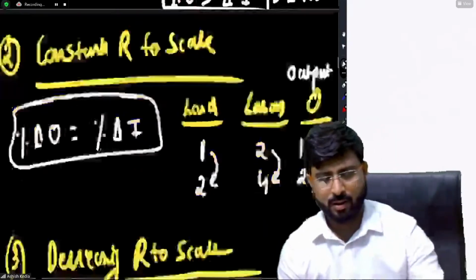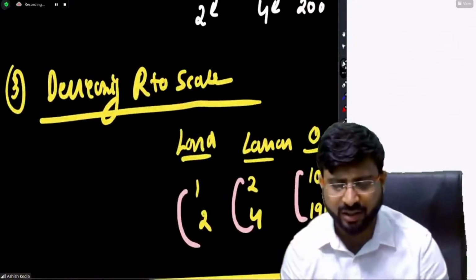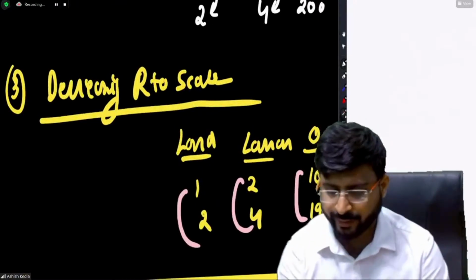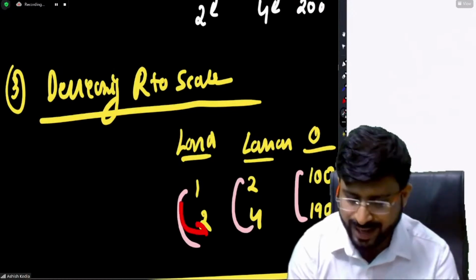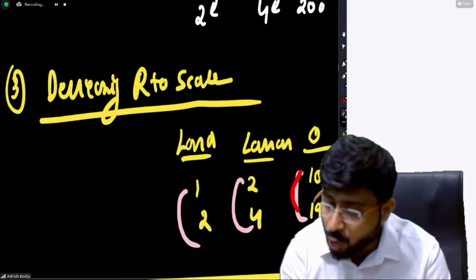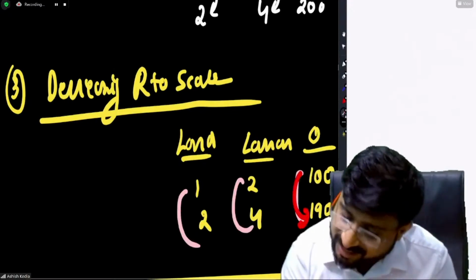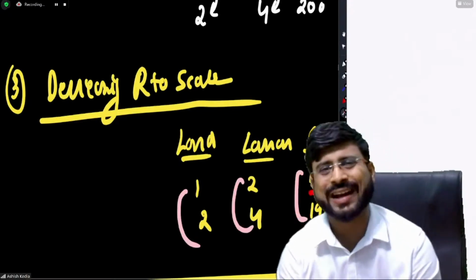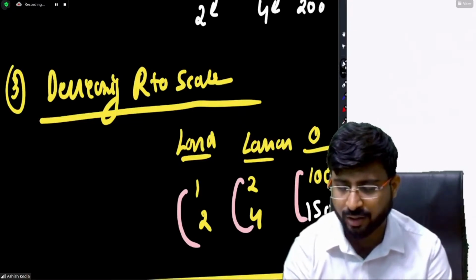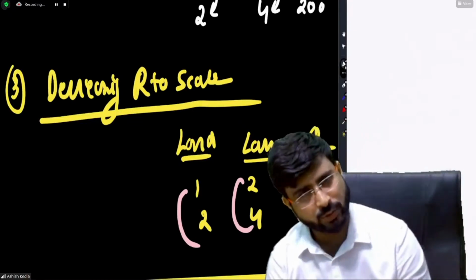Very good. Now, friends, we are studying decreasing returns to scale. What is decreasing returns to scale? Friends, suppose land has doubled, labor has doubled, but output has increased, but has less than doubled. Like, let's say 150, 180 units. Therefore, we call it decreasing returns to scale.